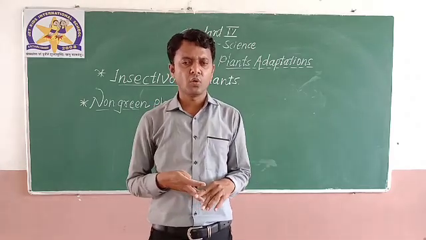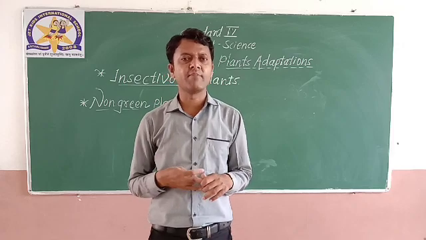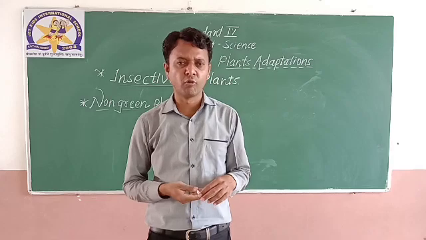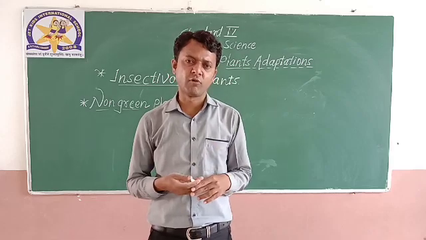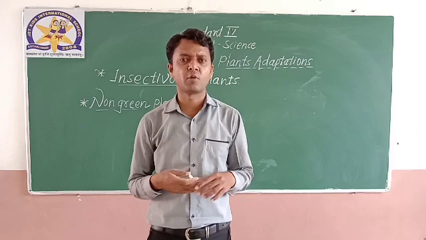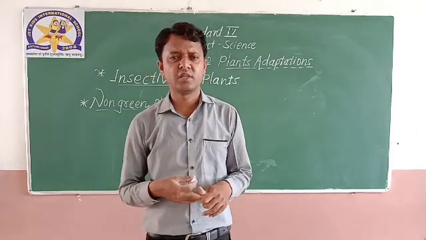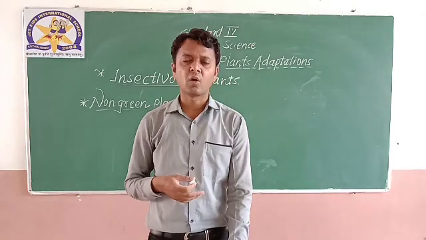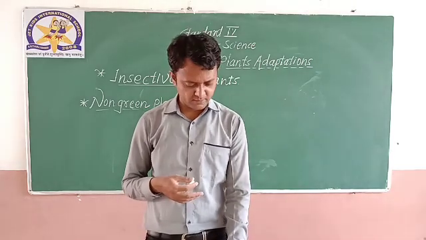So these non-green plants are helpless. They are not making their own food due to the absence of chlorophyll and photosynthesis not occurring. So these plants are helpless, and they are also called non-green plants.